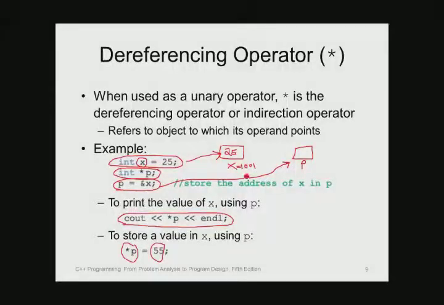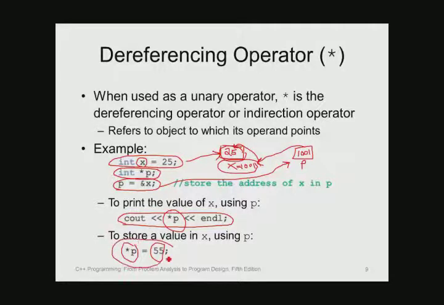Then p is now 1001, so it contains the address location of x. So when we do cout p, we go to the address 1001 that p holds and display what's inside. So the number 25 will display to the screen.